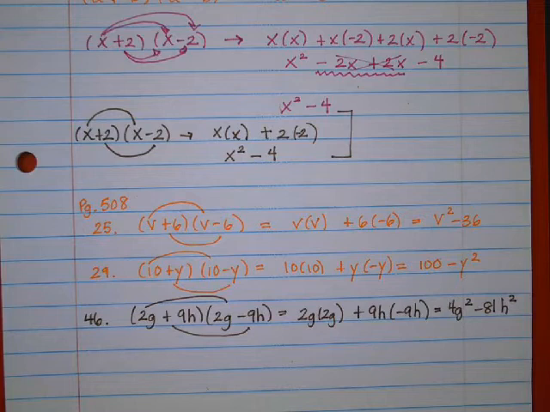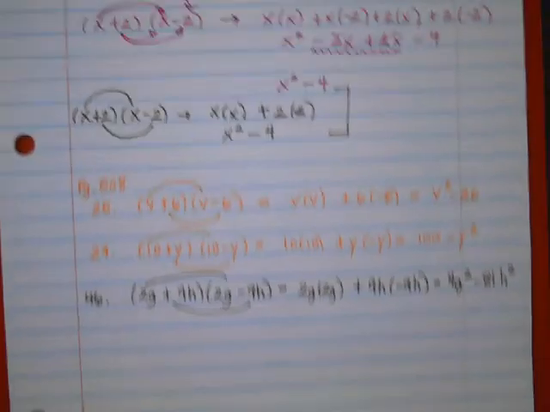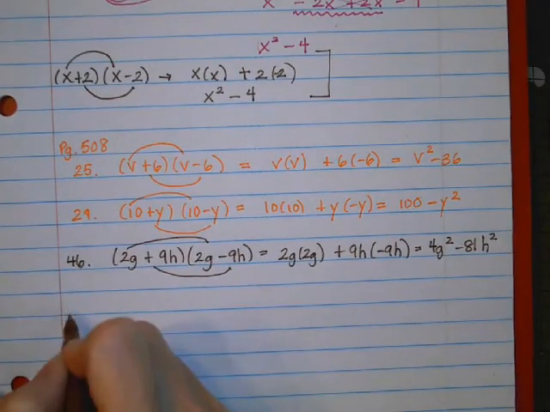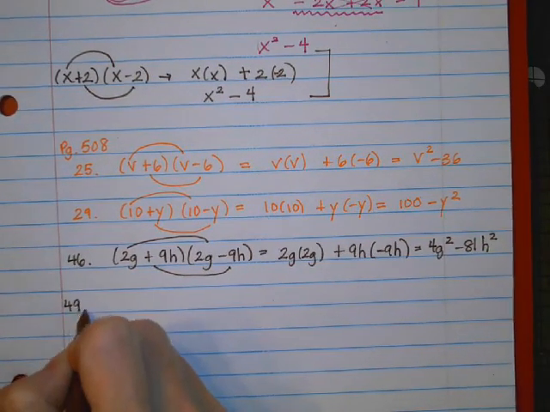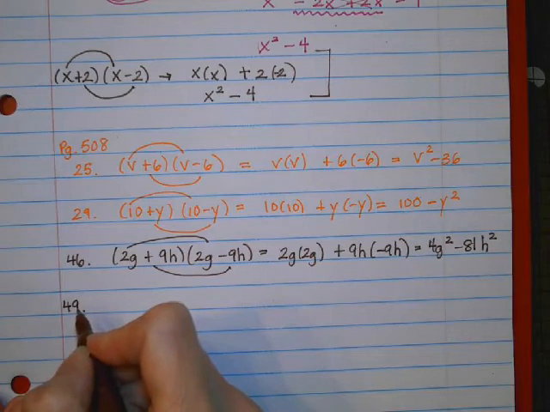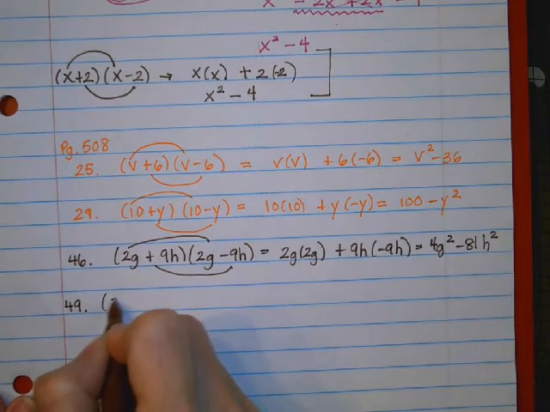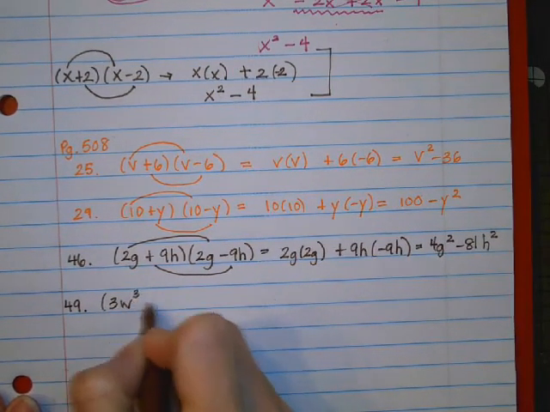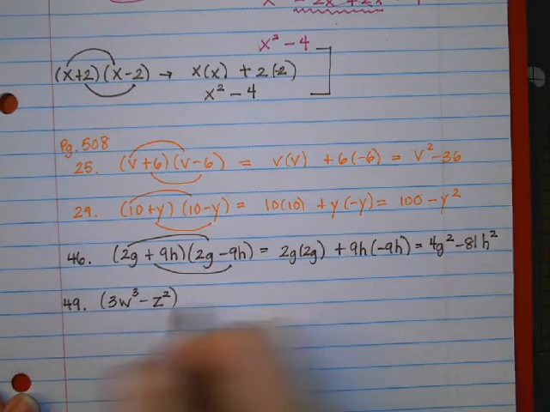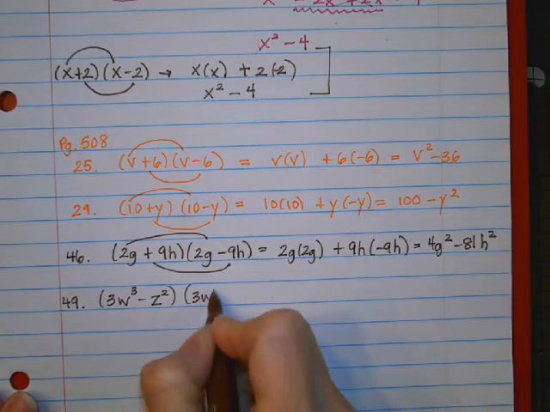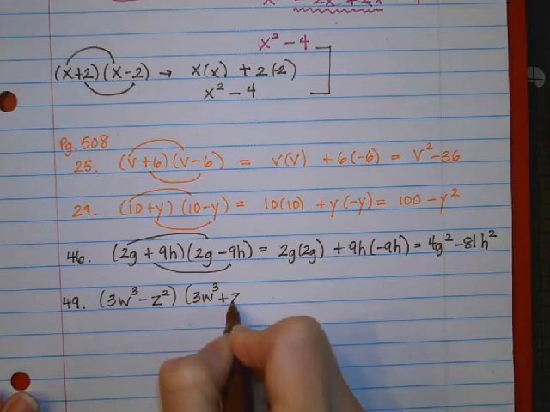All right, and we're going to try one more, just slightly a little harder. Number 49. Okay, 49, we got 3w cubed minus z squared, and 3w cubed plus z squared.